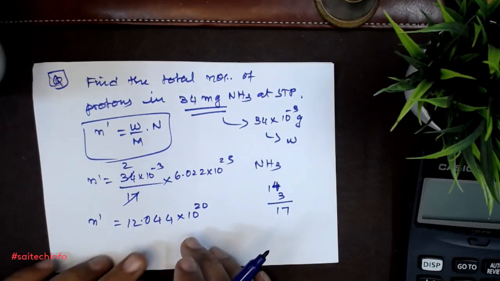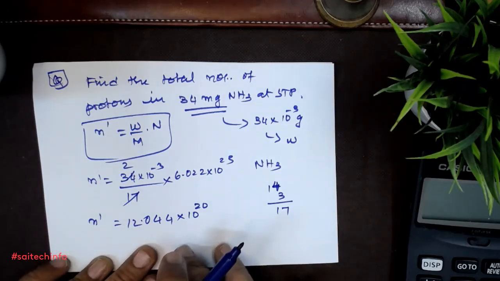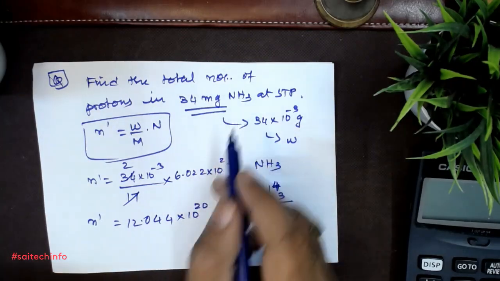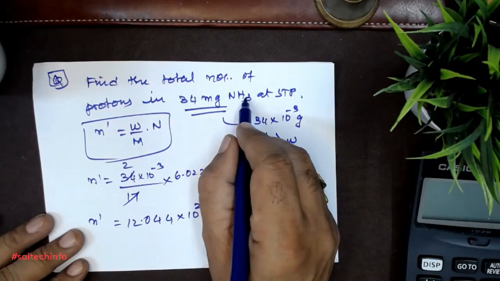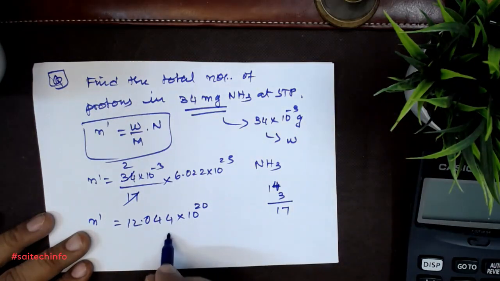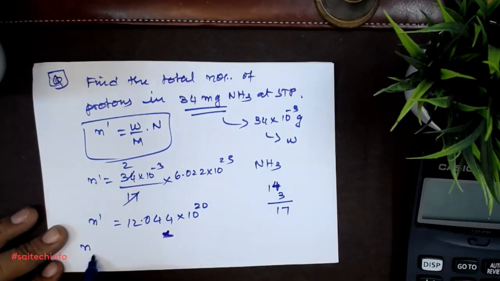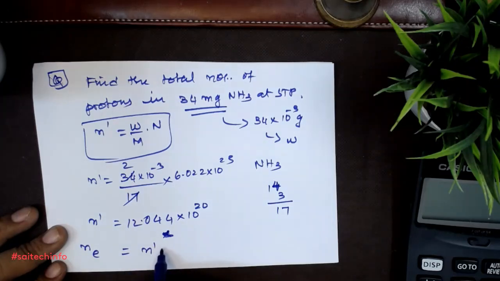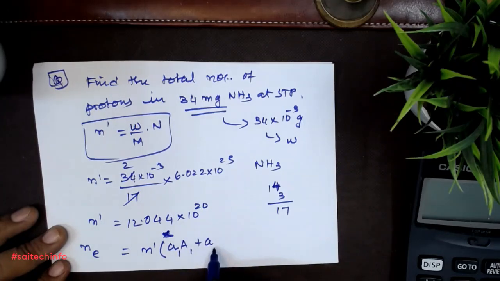So now we have found out the number of molecules. In each molecule you have 1 nitrogen and 3 hydrogen. So number of electrons is equal to N dash into atomicity of nitrogen into atomic number of nitrogen, plus atomicity of hydrogen into atomic number of hydrogen.